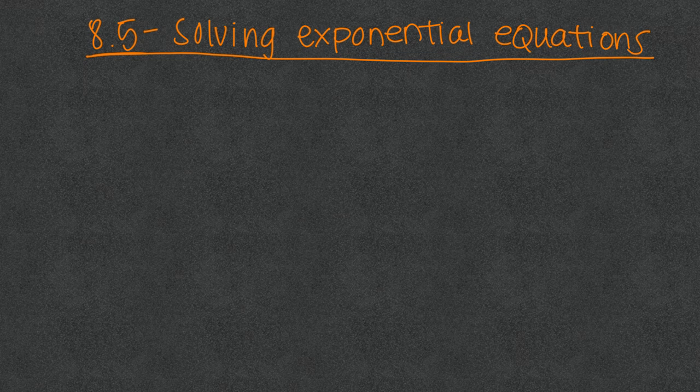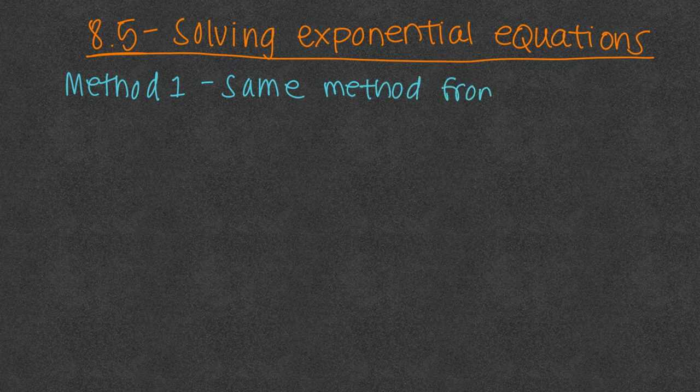But basically, for method 1, if we could make the bases the same, then we would set the exponents equal to each other and solve just like we did in 8.3. And then if we couldn't make common bases, we would change to log form and then solve for x. So I'm going to focus on that one more. Method 1 was the same method from 8.3.